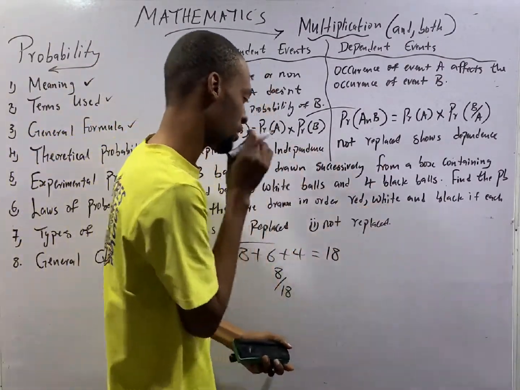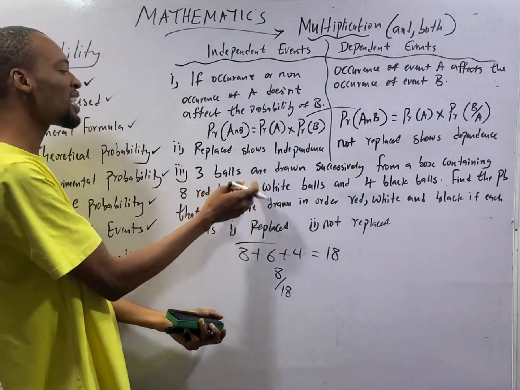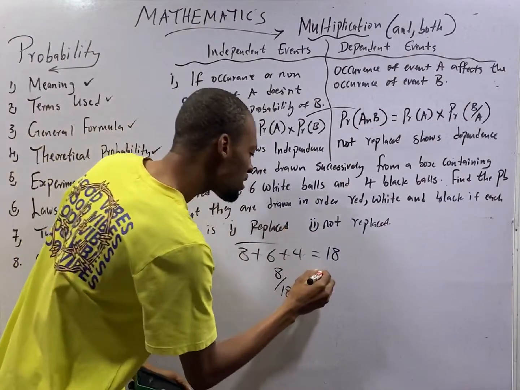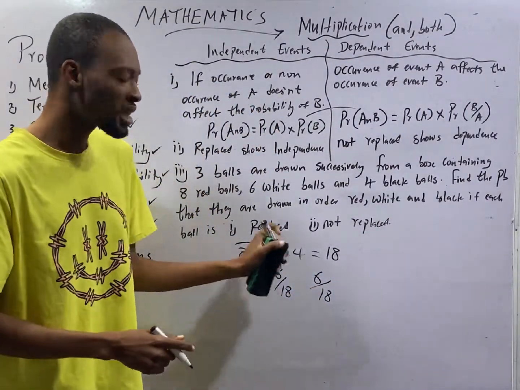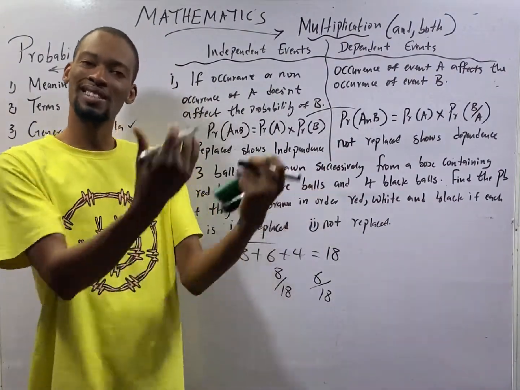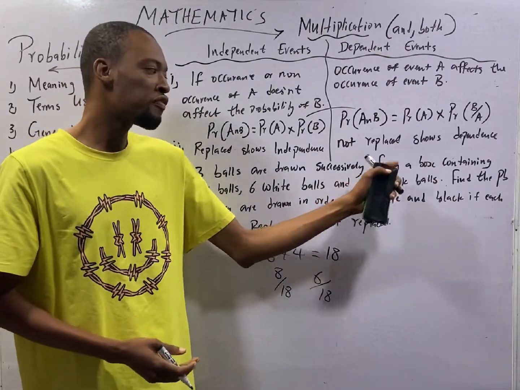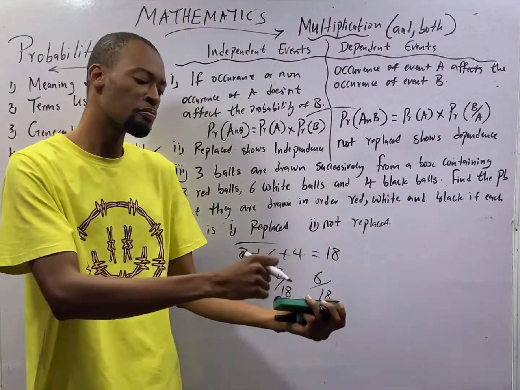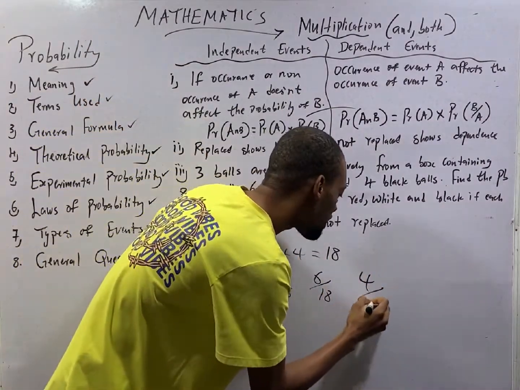Then you pick white. We have 6 white balls. So the chance of picking the white still remains 6 over 18, because picking the red ball does not affect the chance of picking the white. You replaced the one that you took. And we have 4 black balls. The chance of picking a black ball is still 4 over 18.